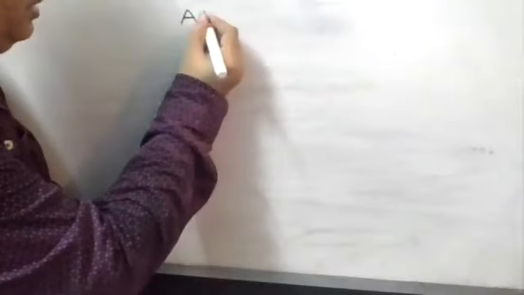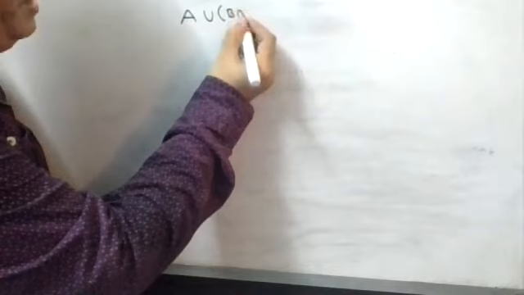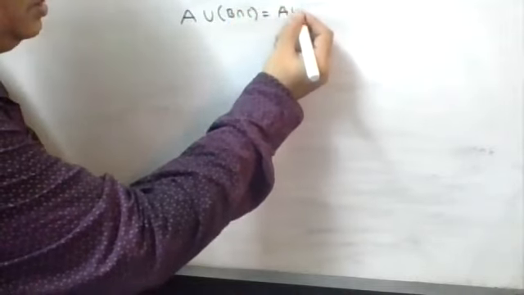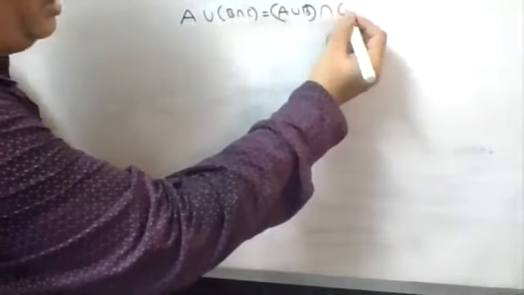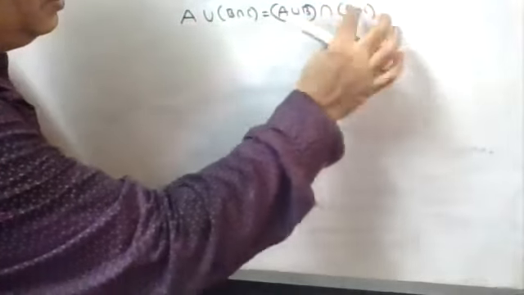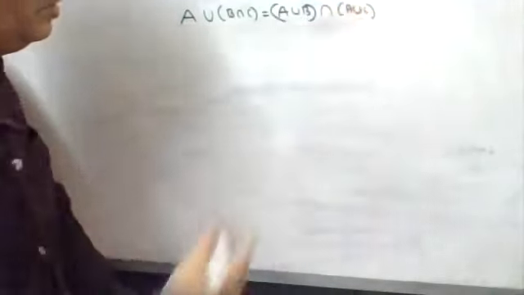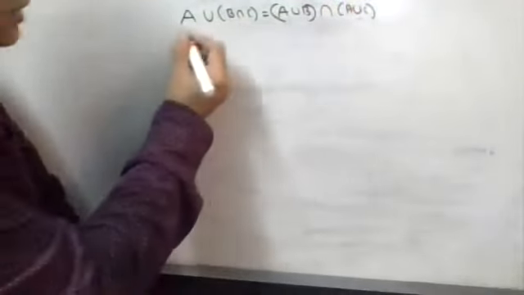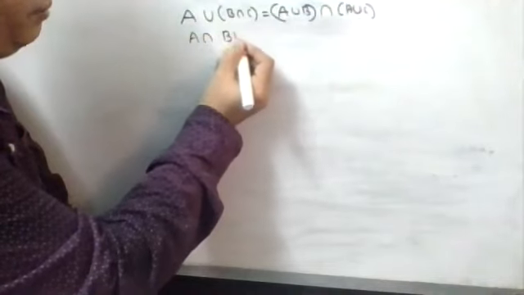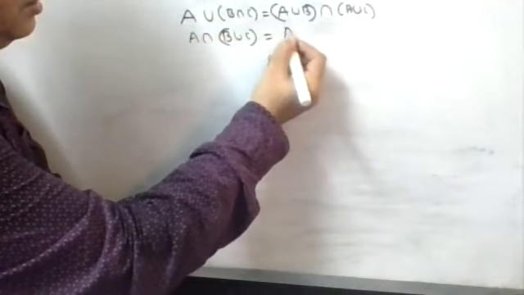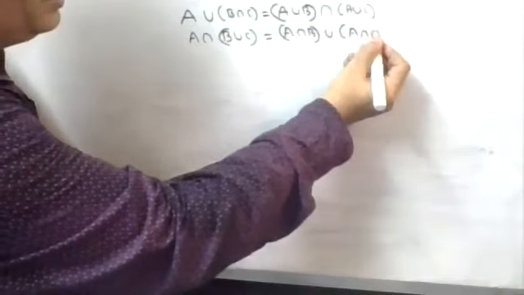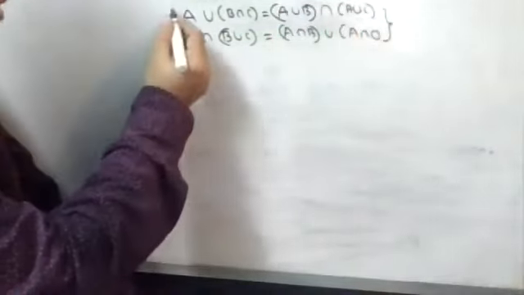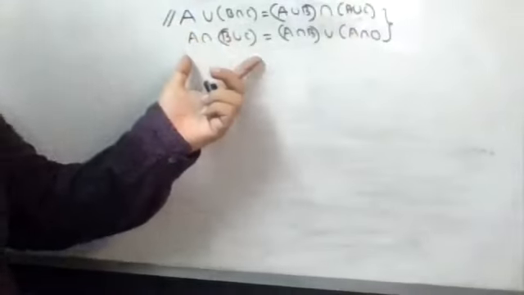Another property, you see: A union B intersection C equals A union B intersection A union C. And A intersection B union C equals A intersection B union A intersection C. So I will try to establish the first one in the same manner.